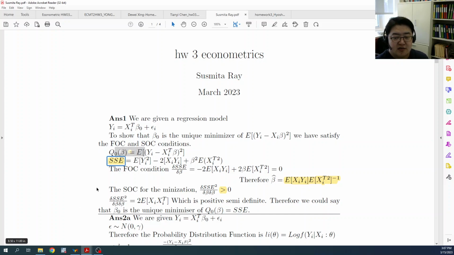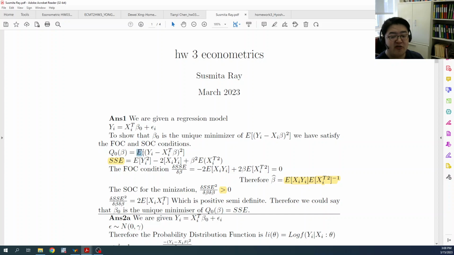First, Susmita tried to say sum of squared errors. I understand what it means, but usually sum of squared errors is used as a result of regression. As a result of regression, you get residuals, like prediction errors, and you calculate the squared sum of them. So this is more like a sample counterpart of what we are doing here.